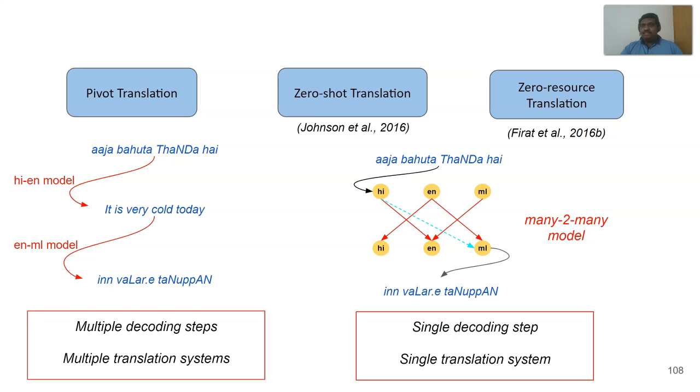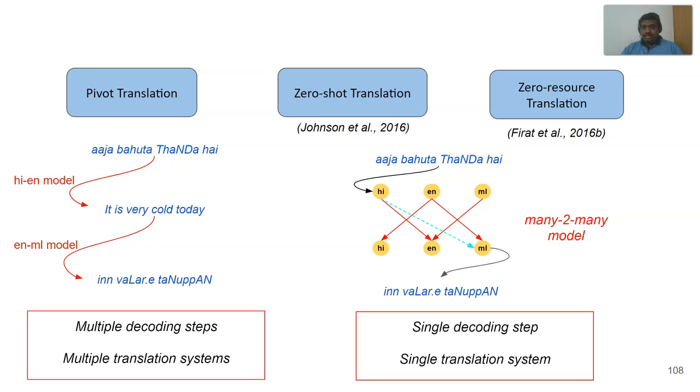As we have seen in the previous discussion, we can train a single many-to-many translation model using just English-centric data, so English to X and X to English. And once we have that many-to-many model, it's now possible to translate directly from Hindi to Malayalam.